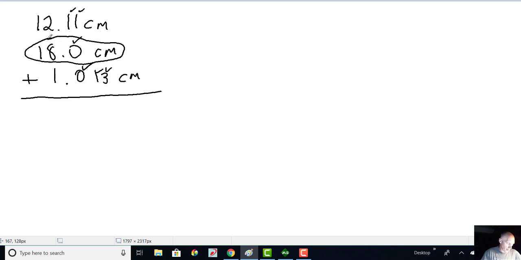Now, if you put it in your calculator, you're going to get 31.123. And if you list it that way, that's incorrect. You get the right answer, so to speak, but you're going to lose some points because you're not paying attention to significant figures. You can only go 1 digit past the decimal. So your final answer should only be 31.1.